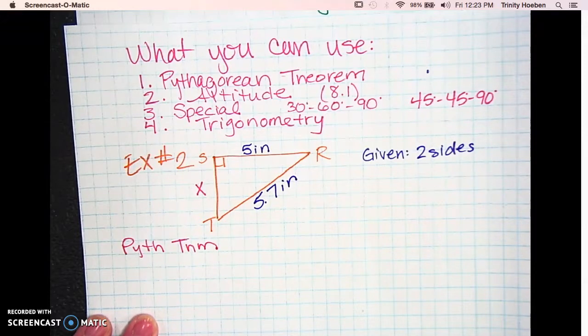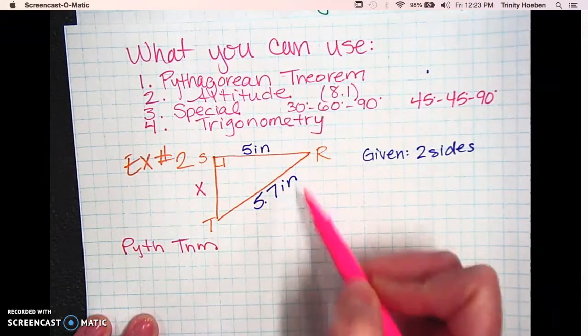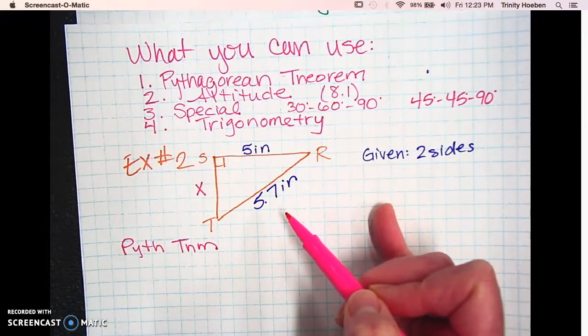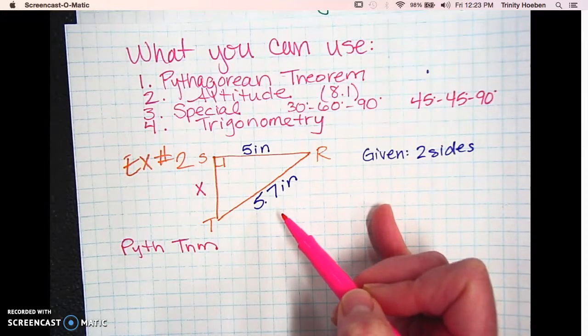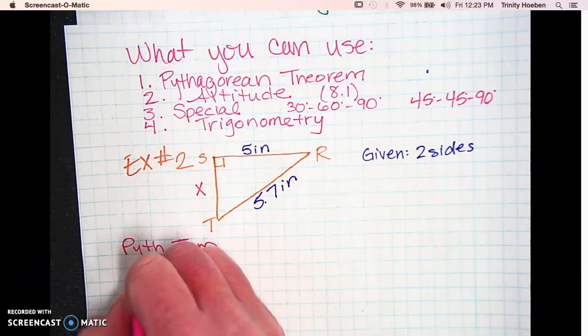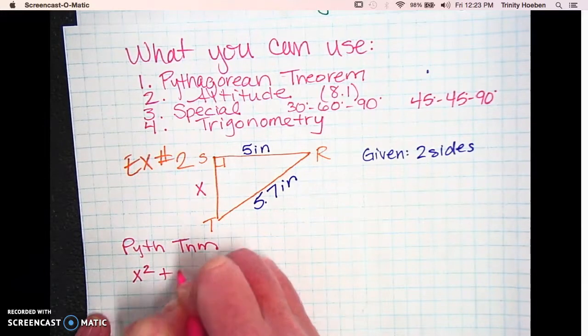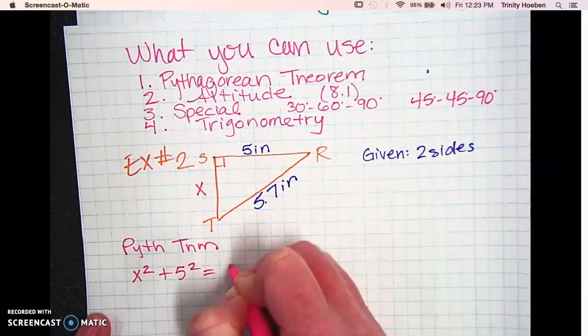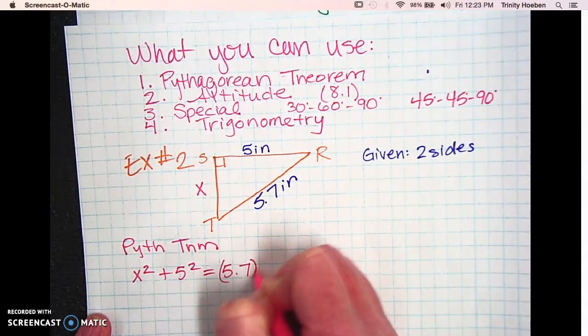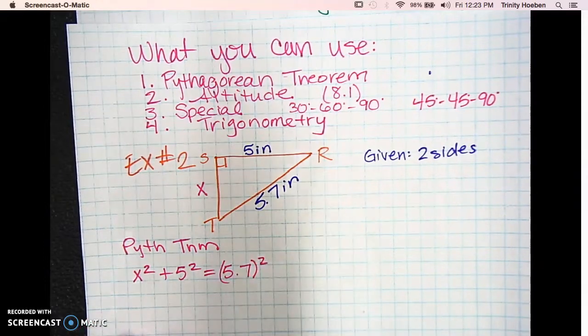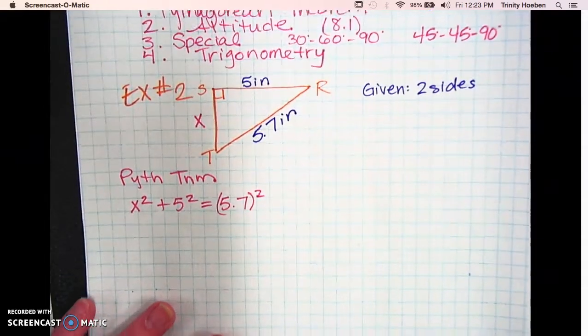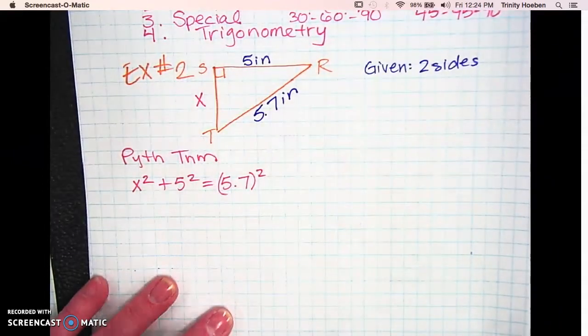So the Pythagorean theorem says that a squared plus b squared equals c squared. Which side has to go in for c? The hypotenuse, okay? So we're going to say x squared plus 5 squared equals 5.7 squared. So the 5 squared you can do in your head, but the 5.7 you're probably going to need a calculator, right?